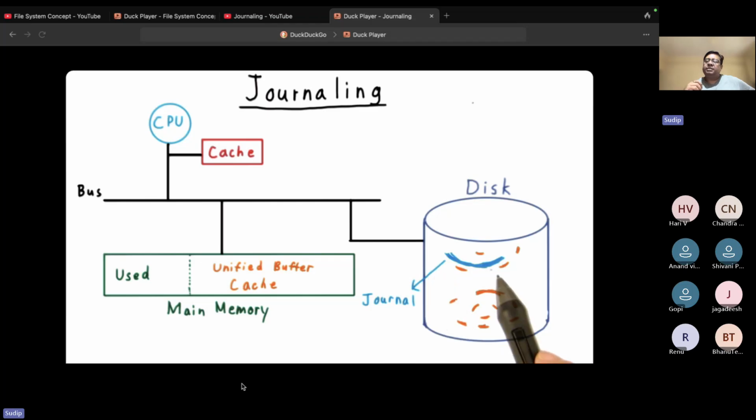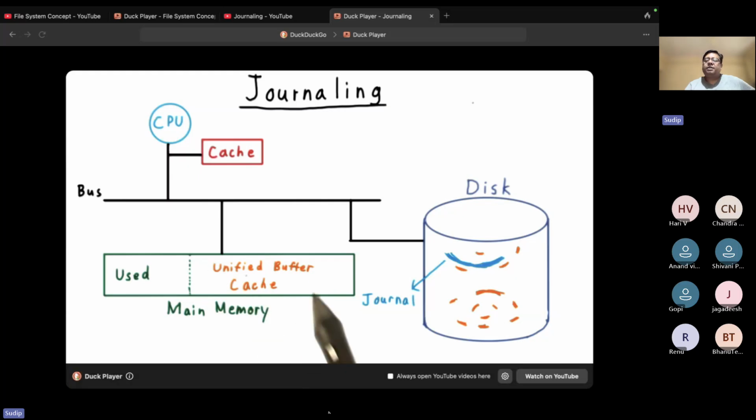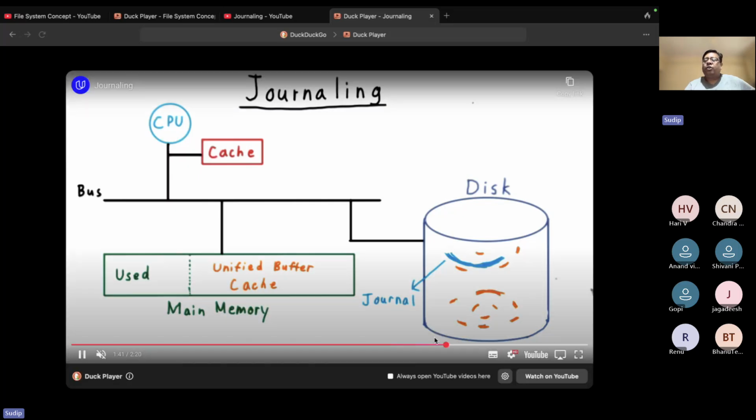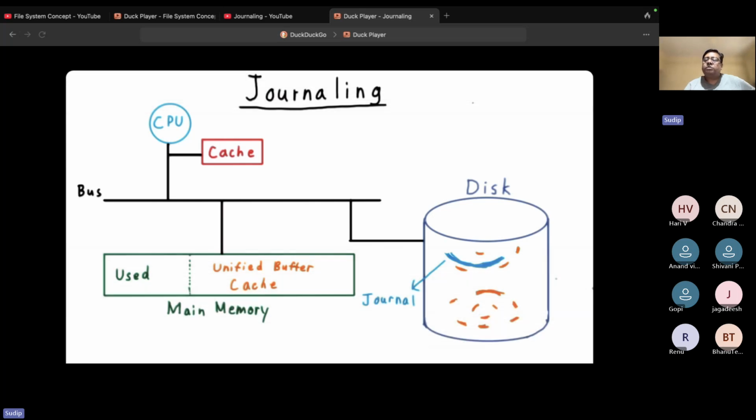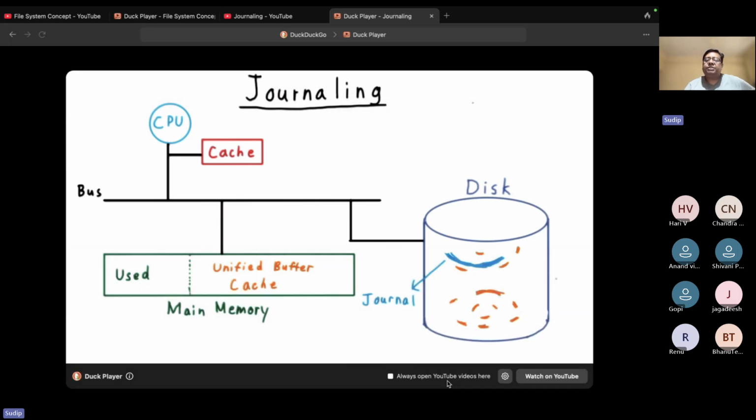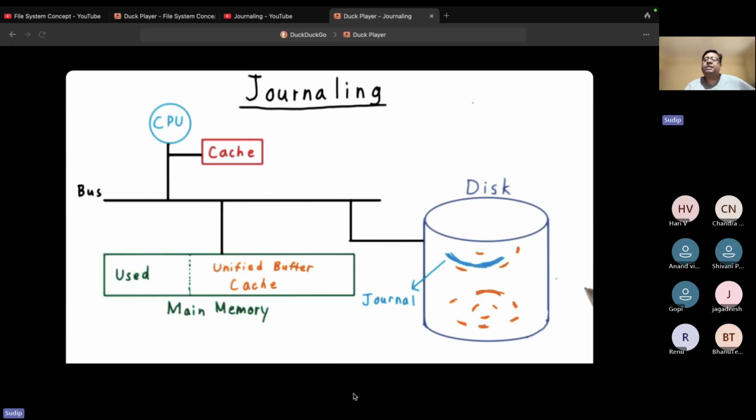And that he is actually keeping a journal, right? So this is the same concept. Whatever read and write operations are happening to the hard disk at the physical layer, all those operations are being captured through the memory onto a separate place, and that place is called the journal.